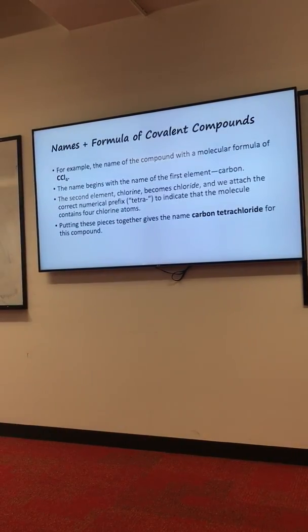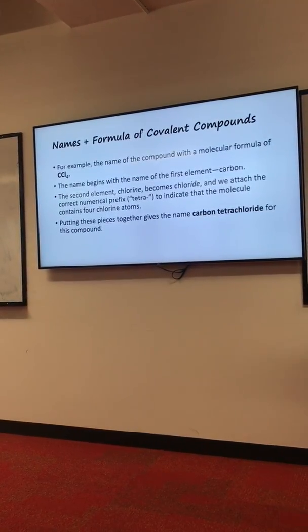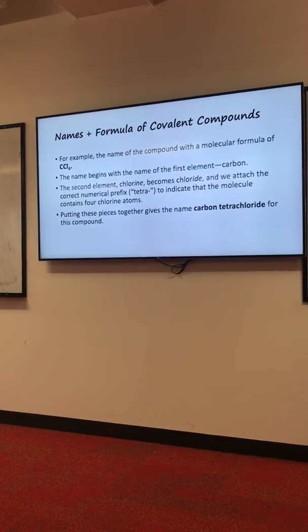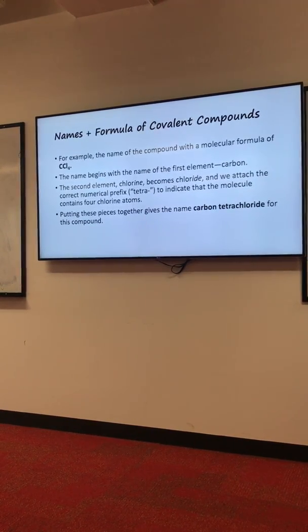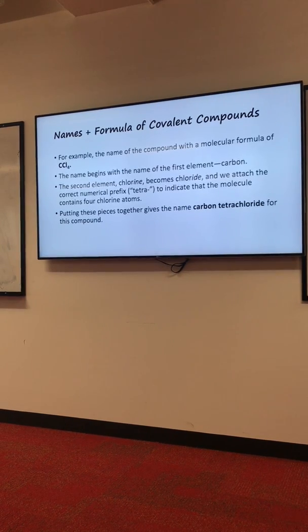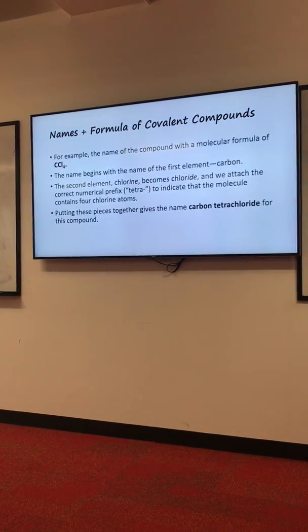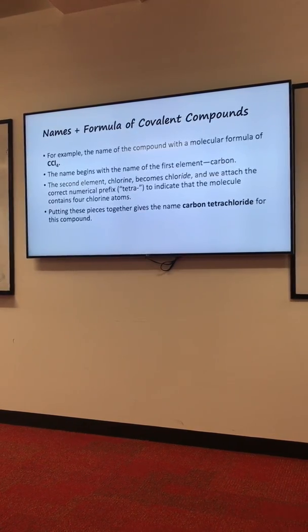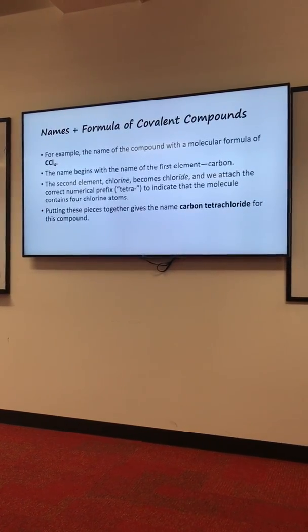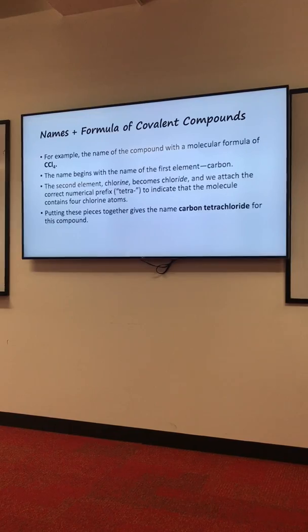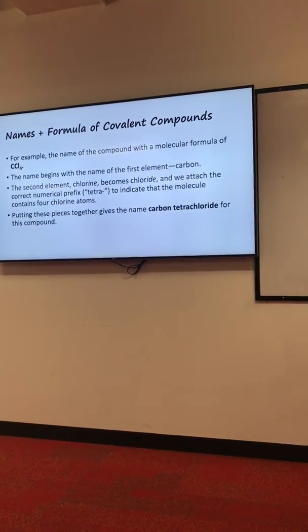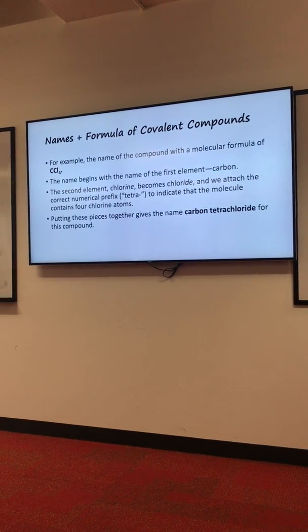So here is an example. If we had something with the chemical formula CCl4, what's this compound? Carbon and chlorine. There are 2 elements. So the name of this is going to be the first element name.